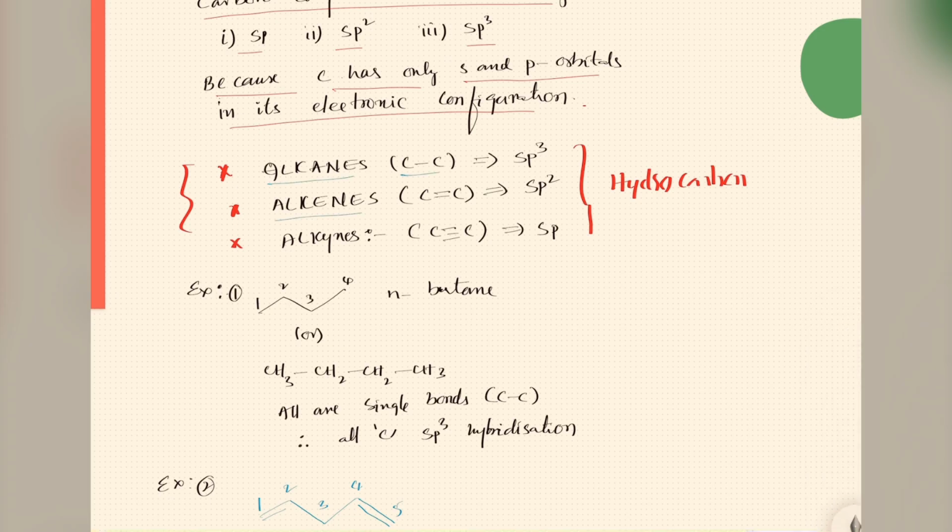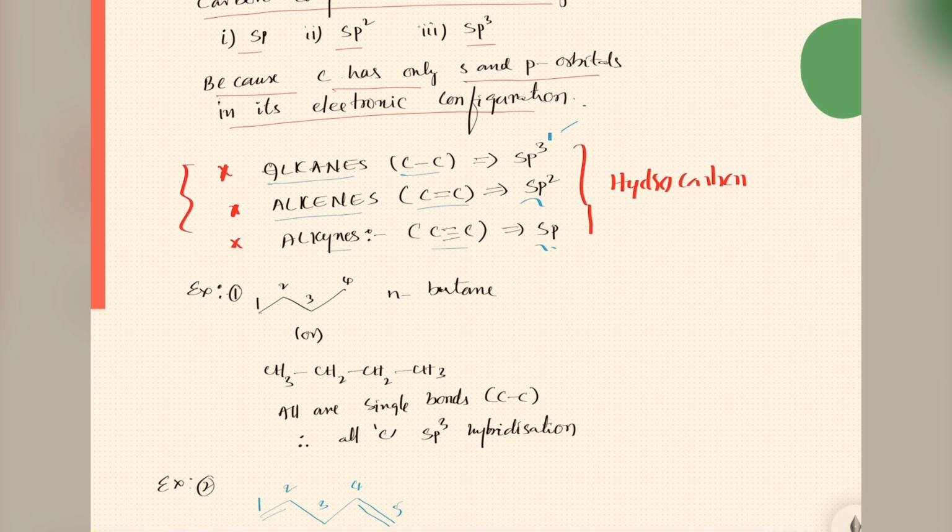Next is alkene, with a double bond. Next is alkyne, with a triple bond. Always remember this. If you see alkanes, that is a carbon compound containing single bonds, directly you can write that each carbon undergoes sp3 hybridization. Next, anywhere you see a double bond, we go for sp2 hybridization. Similarly, for a triple bond we have sp hybridization.